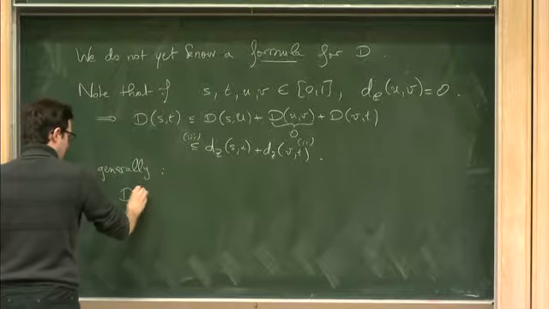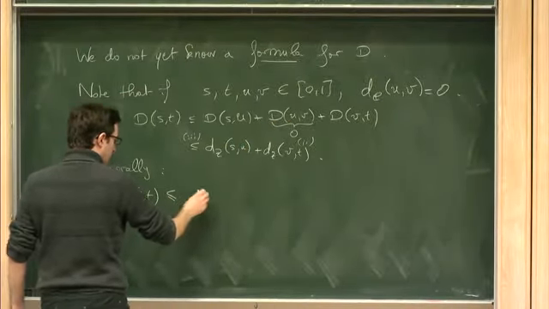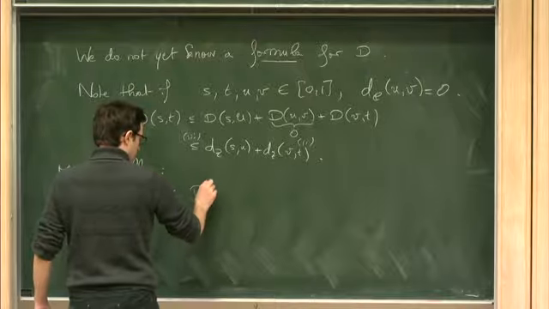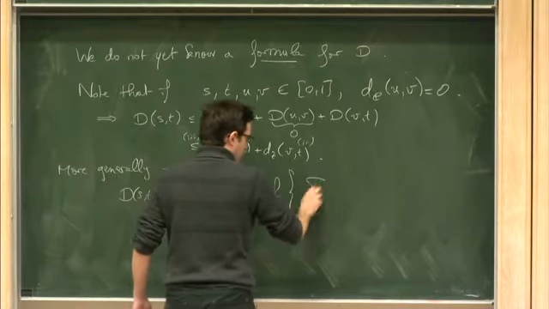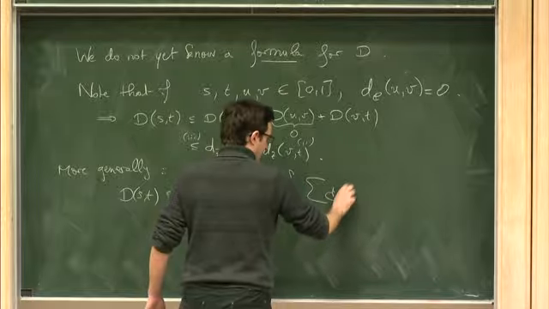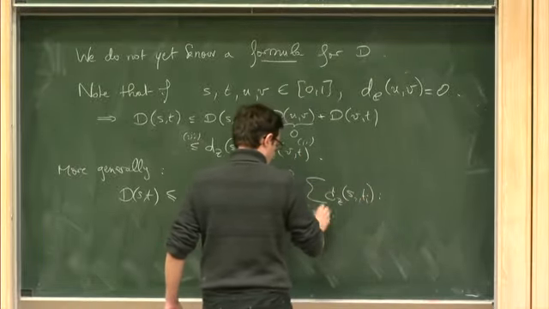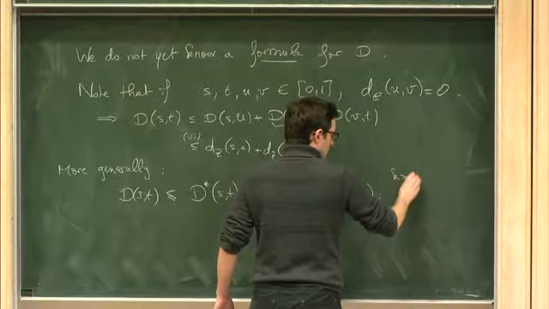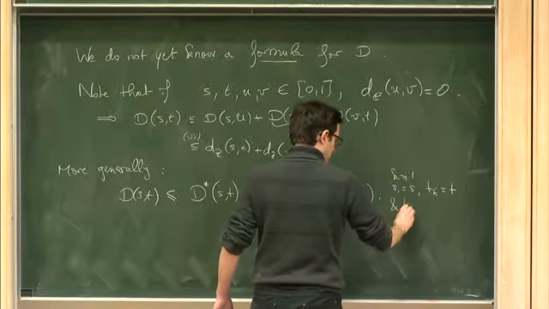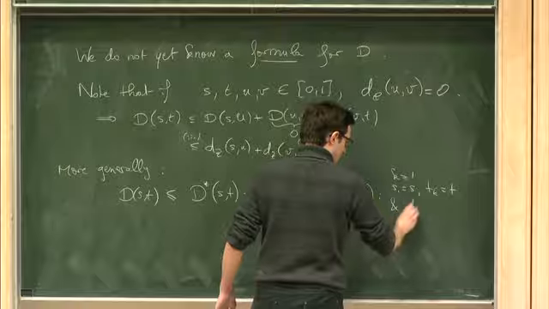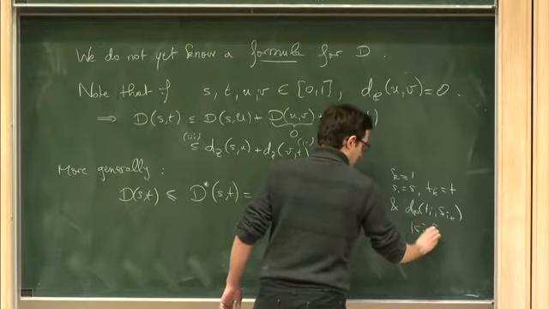And more generally, it holds that D of ST, by taking more intermediate points like this, certainly has to be less than the quantity which I want to call D star of ST, and which is the infimum of all sums of the form dz of S_i T_i, such that i ranges from 1 to k, S_1 is equal to S, T_k is equal to T, and T_i is at 0 distance from S_{i+1} for 1 less than or equal to i less than or equal to k minus 1.